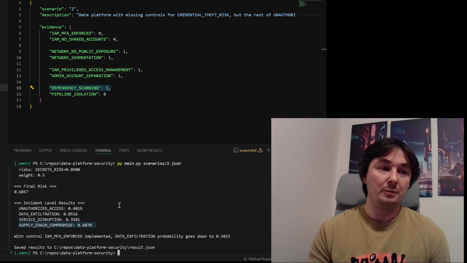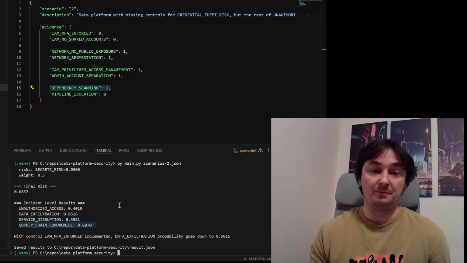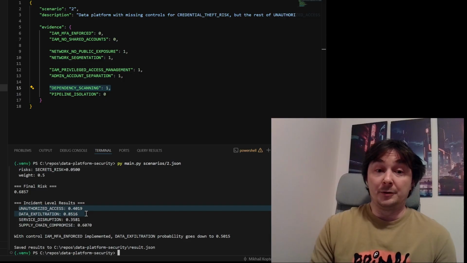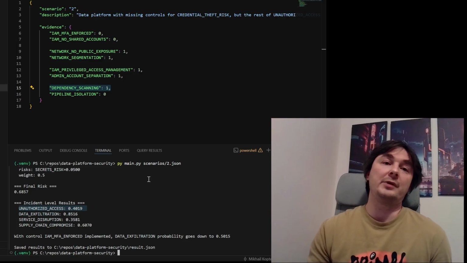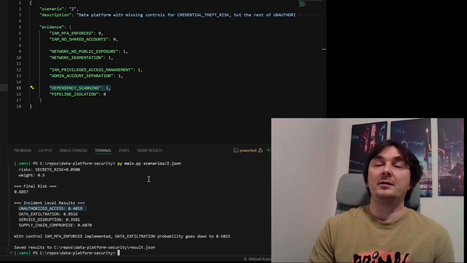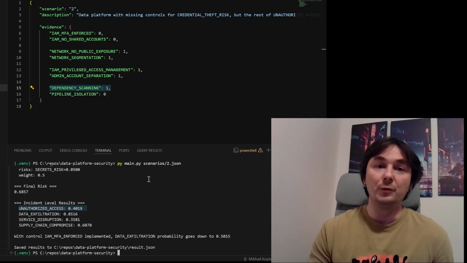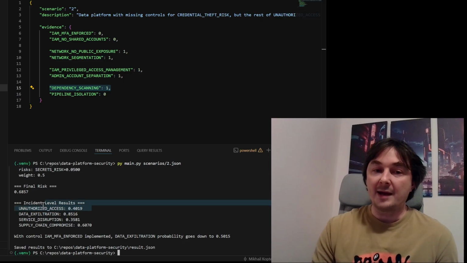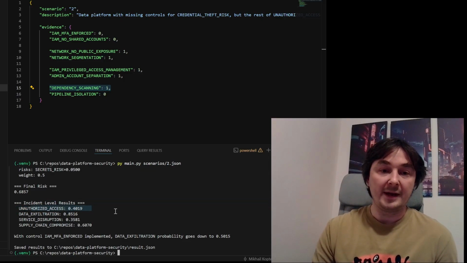You don't want to be unsure about your results, I guess. And at the same time, the unauthorized access incident goes up. So if multi-factor authentication is not available and there is a possibility that people would use shared accounts, that means that the unauthorized access itself is very likely.